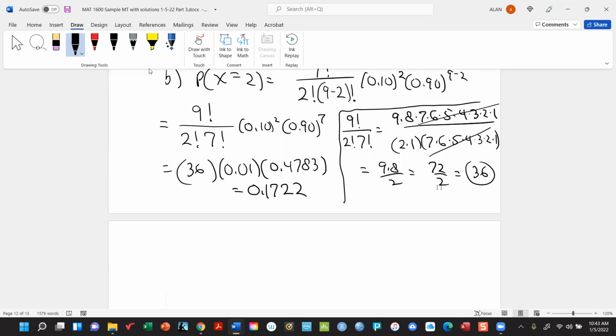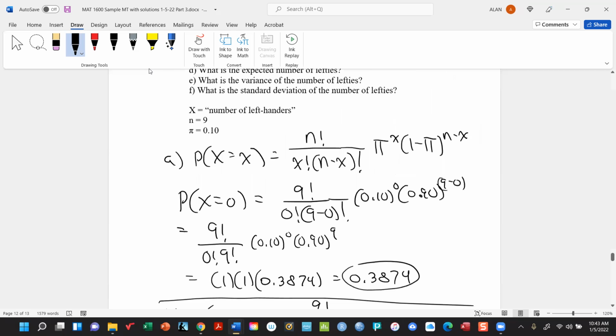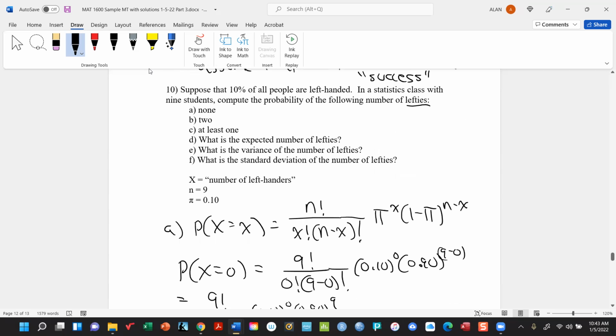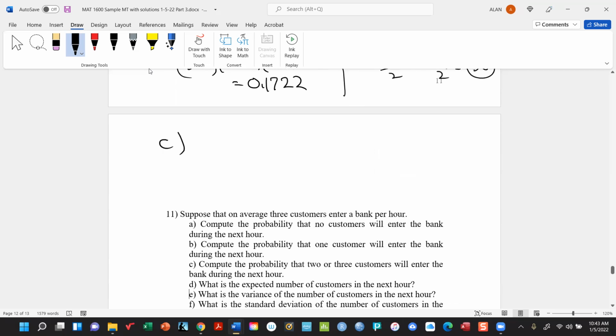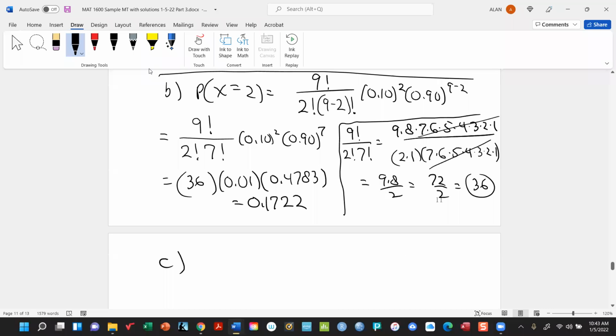All right, now part C was, let's go back and grab it. At least one, there it is again, our old friend, at least one. So we'll use the shortcut, of course. And remember, we already calculated the probability that x equals 0.